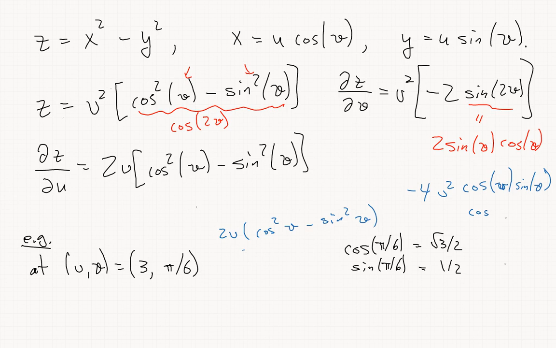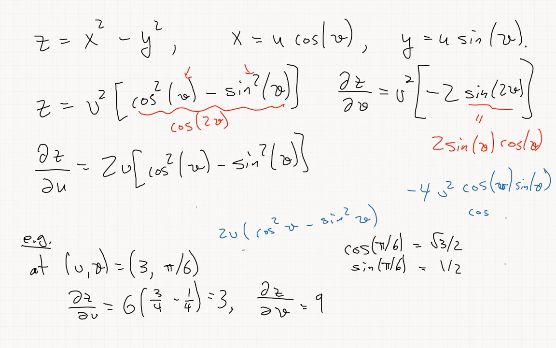So at (u, v) equals (3, pi over 6), del z by del u will be 6 times 3/4 minus 1/4, which is equal to 3. And del z by del v will be u squared.